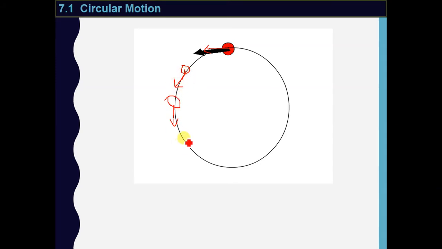So when the ball reaches this point, if I want to talk about its velocity at this point exactly, how is the ball going? At this point the ball is going like this. So at every point during the circular motion, the direction of the velocity of the object is tangent to the circular path.